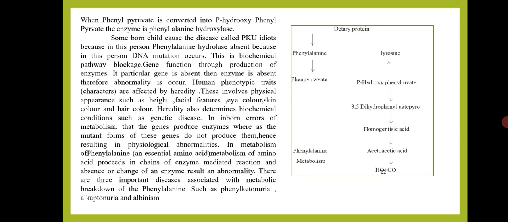Human phenotypic trait characters are affected by heredity. You can see physical appearance such as height, facial features, eye color, skin color and hair color. Heredity also determines biochemical conditions such as genetic diseases. In inborn errors of metabolism, a normal gene produces an enzyme whereas a mutant form does not produce it, hence resulting in physiological abnormalities.